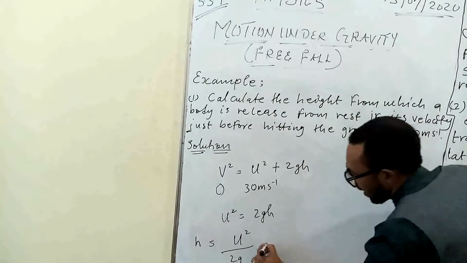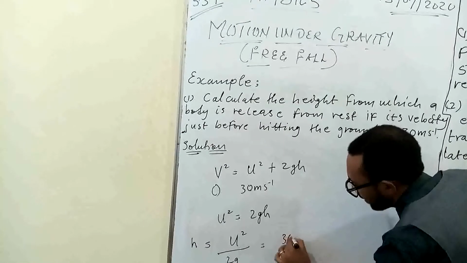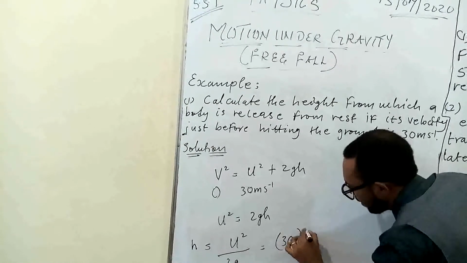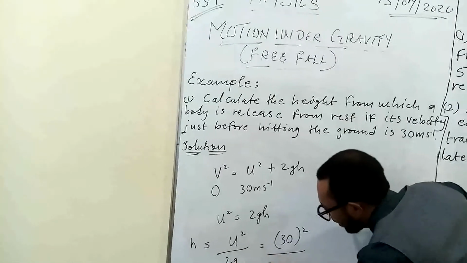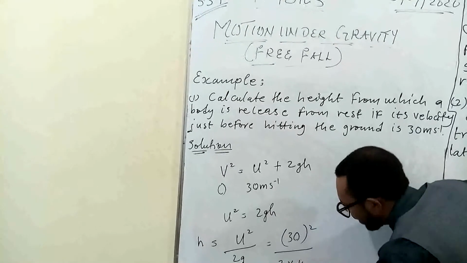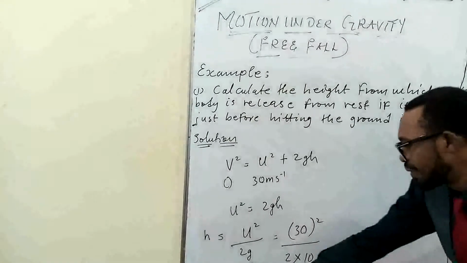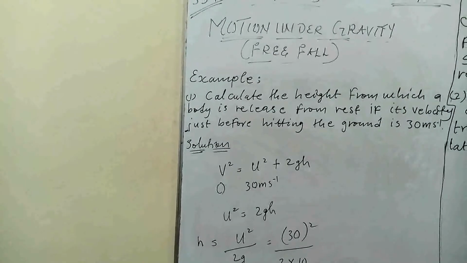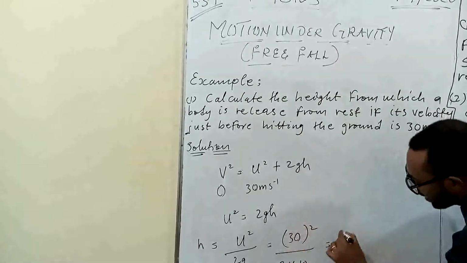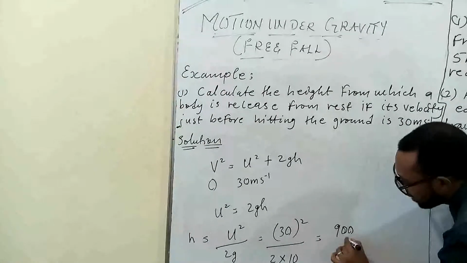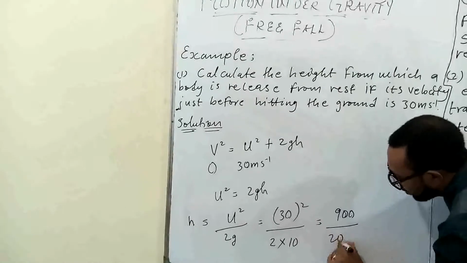So from there we can say 30 squared over 2 times 10, where 10 is the acceleration due to gravity, which is the same thing as 900 over 20.